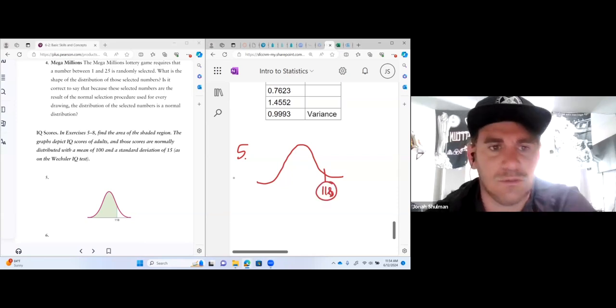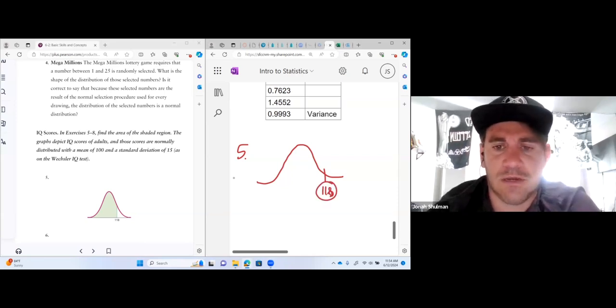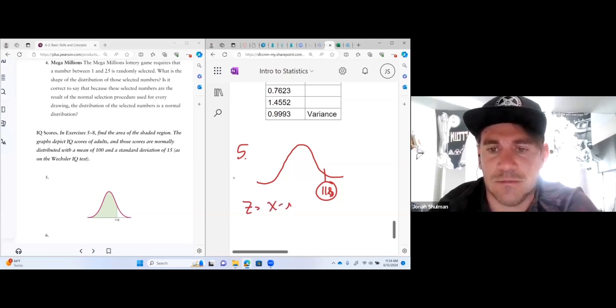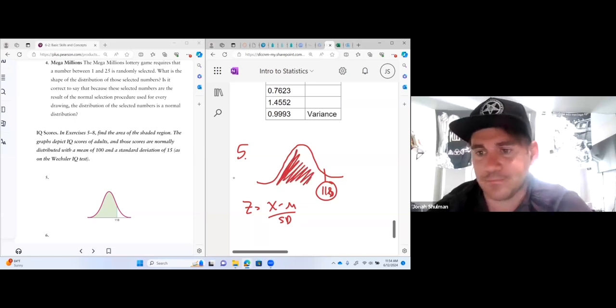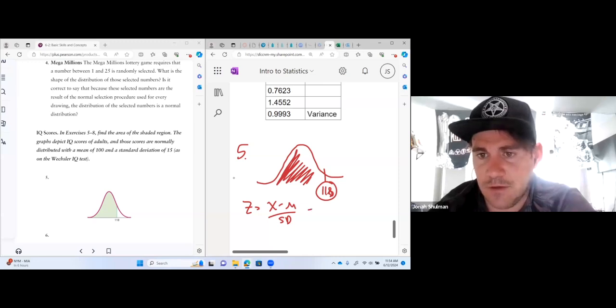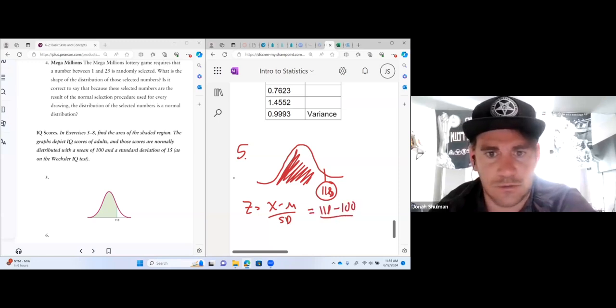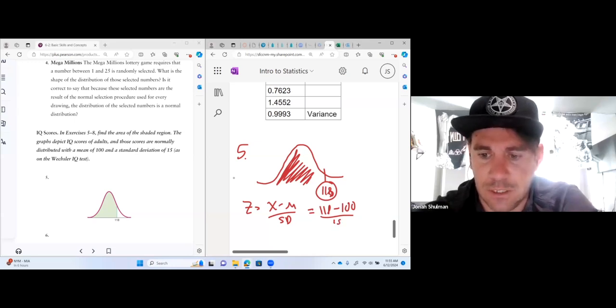We have to change this to a z-score. So the first thing we have to do is z equals x minus the mean over our standard deviation. Notice this is probably just about everything, right? We know it's going to be like 75% or something. So we have 118 minus 100 divided by 15. That's the first step.